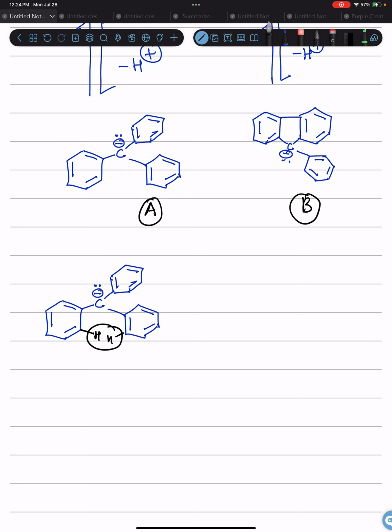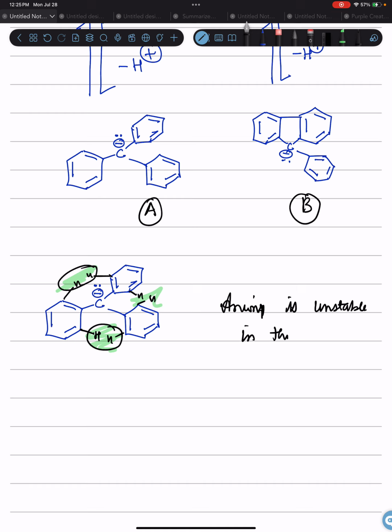There is lots of steric strain here, when they come close to each other in space. Because of this, the anion's energy increases because there are lots of repulsions in the electron clouds. So this anion is unstable.